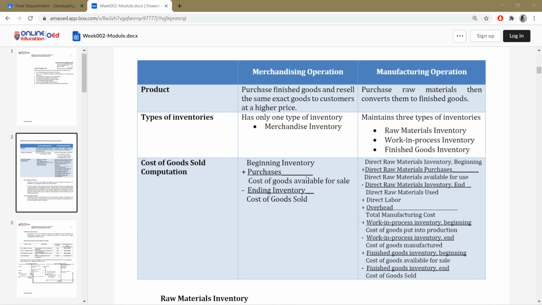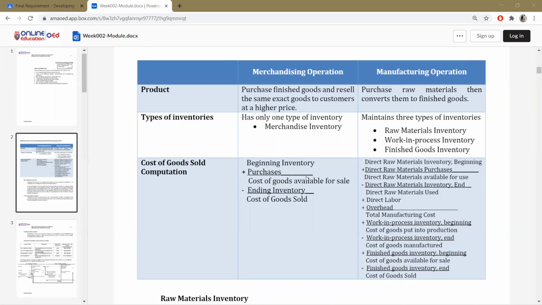Basically, beginning inventory plus purchases is equal to cost of goods available for sale. Of course, the inventory that we already have, plus what we purchased, is what is available for sale, what we can sell. And to know how much the cost of goods sold is, you just have to subtract the ending inventory, which is the inventory that is still on hand.